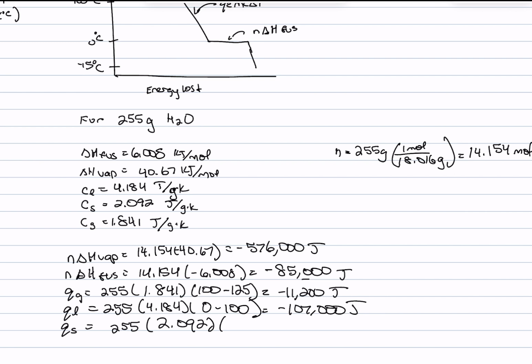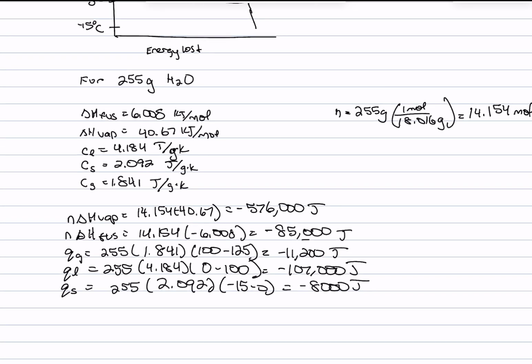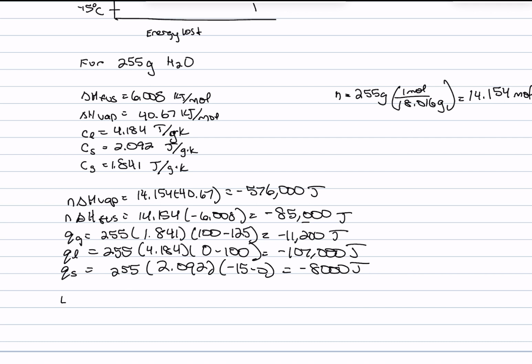And finally, for the solid Q, we have 255 times 2.092 times negative 15 minus 0, which is equal to negative 8,000 joules. And so we can sum these up and find that the total energy change is negative 788,000 joules.